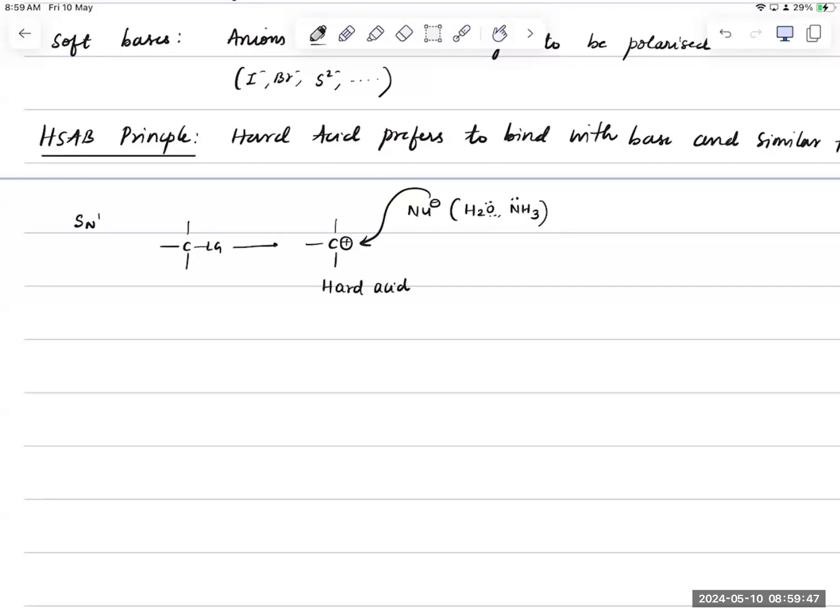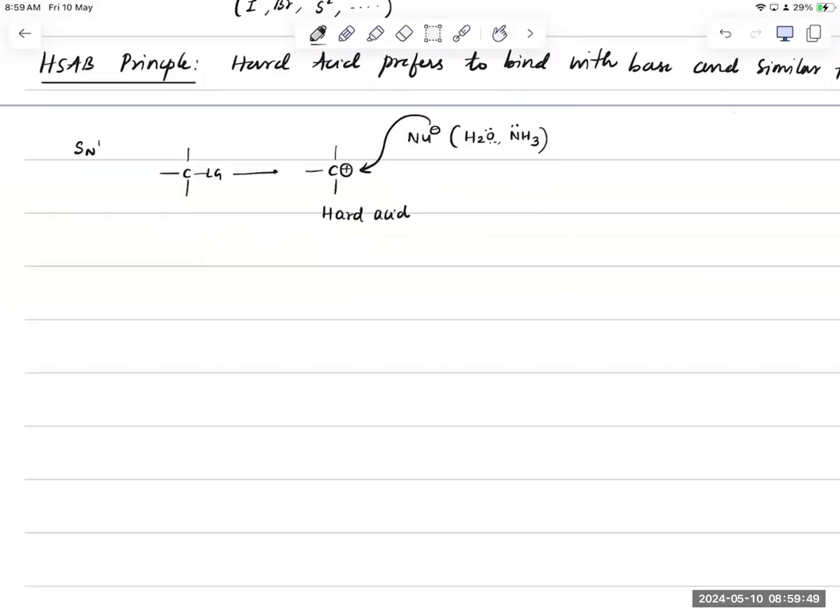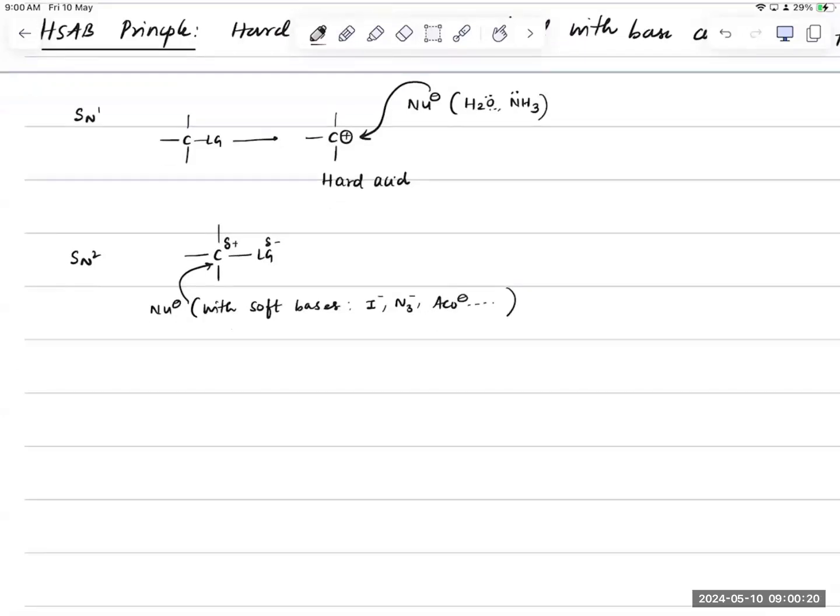But if you have SN2 type of reactions where the leaving group is not going completely, it is only generating delta positive and delta minus charge, in that case the nucleophile will be better with soft bases, like I minus, N3 minus, AcO minus. These are all soft bases, so because they are soft bases, SN2 is more preferable.